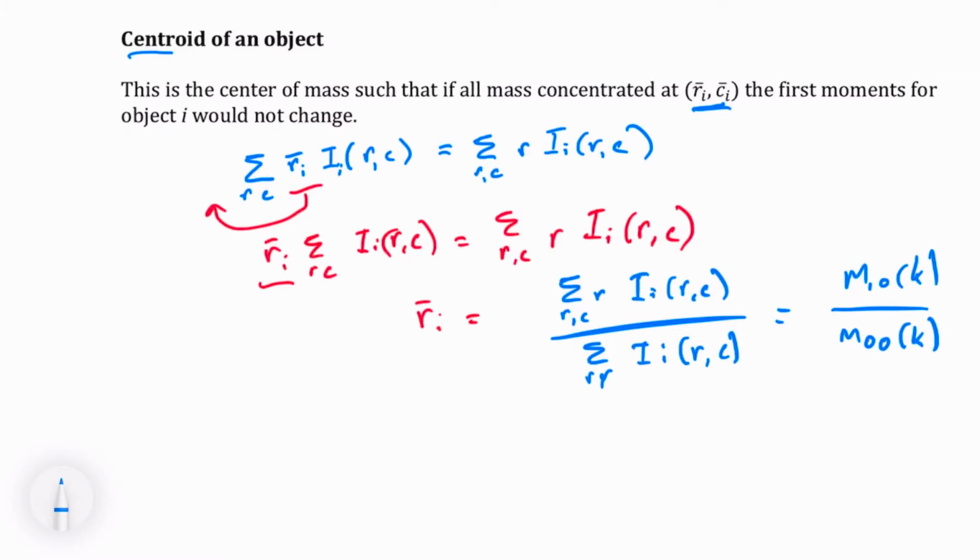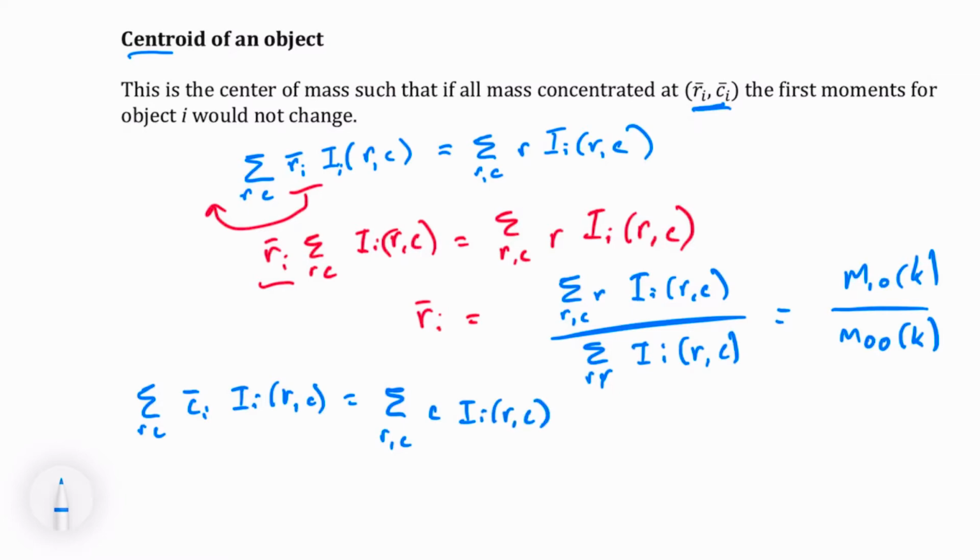We can write the same definition for C bar i. That's going to be my summation over RC of C times I i of RC.